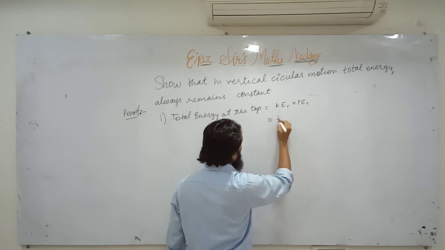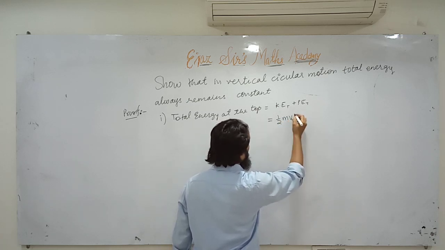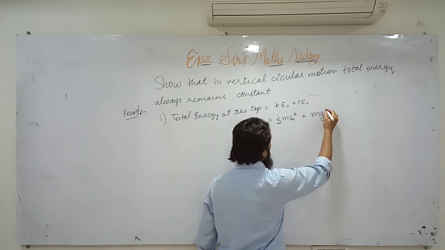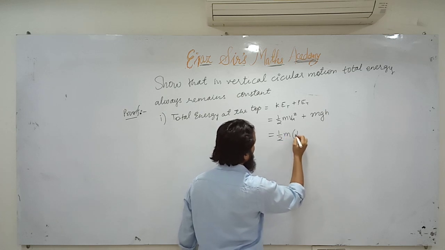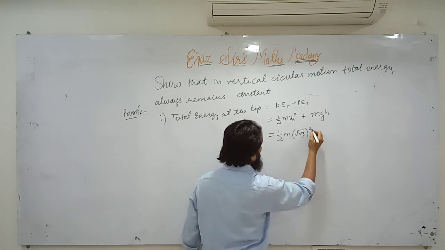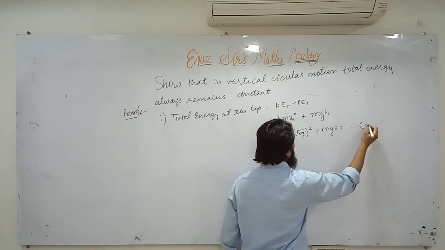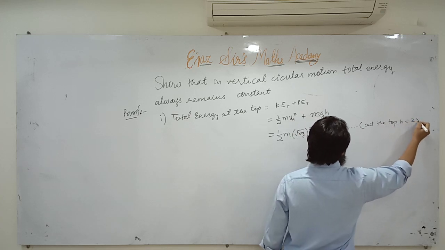Kinetic energy at the top is half m Vh square, and potential energy at the top is mgh. Half m Vh, which is root Rg, square, plus mg into 2R, because at the top h is equal to 2 times radius.